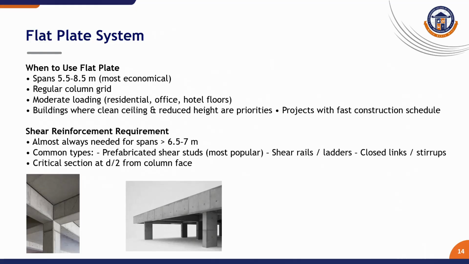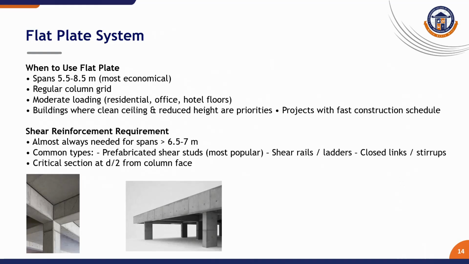Flat plate systems are ideal for spans of 6.5 to 8.5 meters, regular column grids, moderate loading, and residential, office or hotel floors. They are adopted in buildings where clean ceiling and reduced height are priorities, and in fast track construction projects.